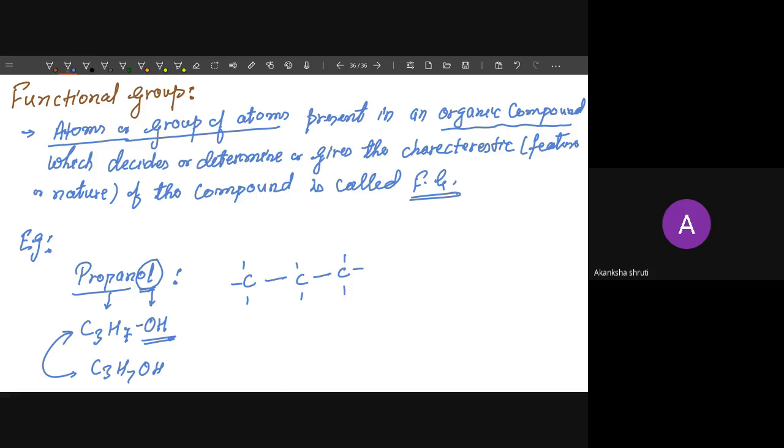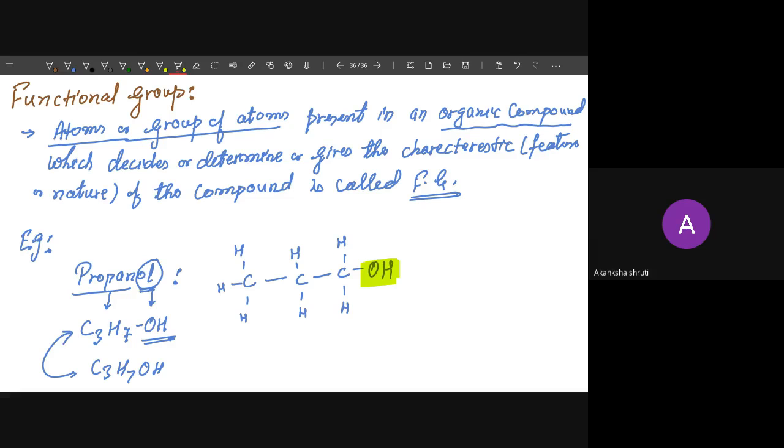For drawing the structure, you get 3 carbons. At 7 places you have to fill with hydrogen, and at one place there will be an OH group. Are you getting it? So it is this group of atoms that decides the characteristic, and it is different from propane, C3H8.